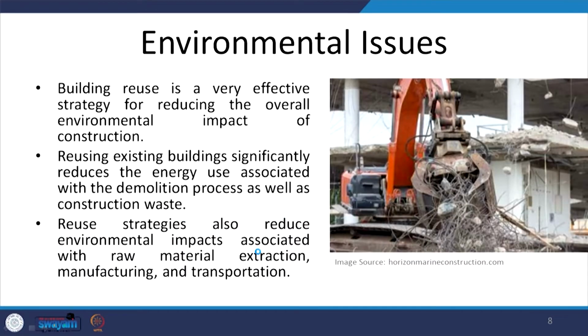So, when we are talking about building reuse, it has several environmental benefits, simply because we are reducing the amount of material which would otherwise be required to construct this portion of the building, which is now being made available as a reuse portion.